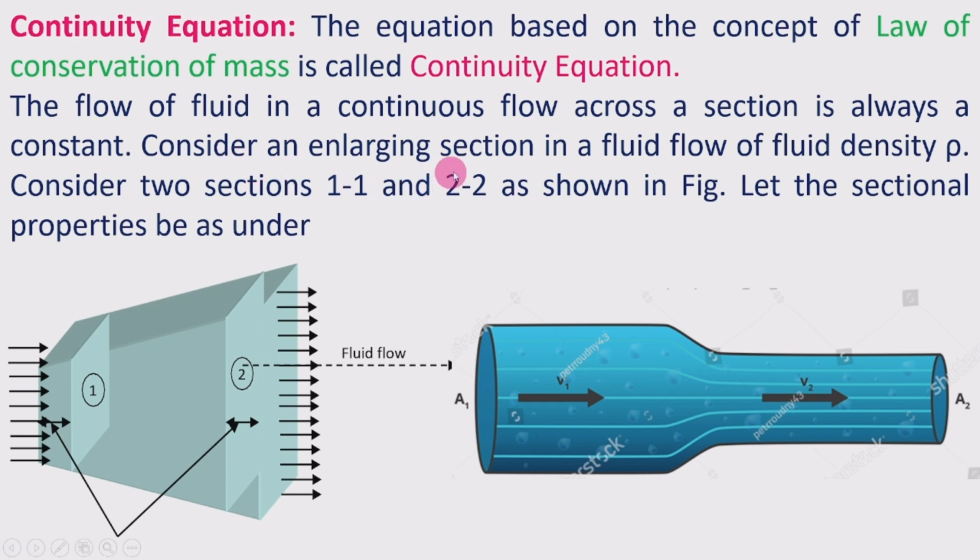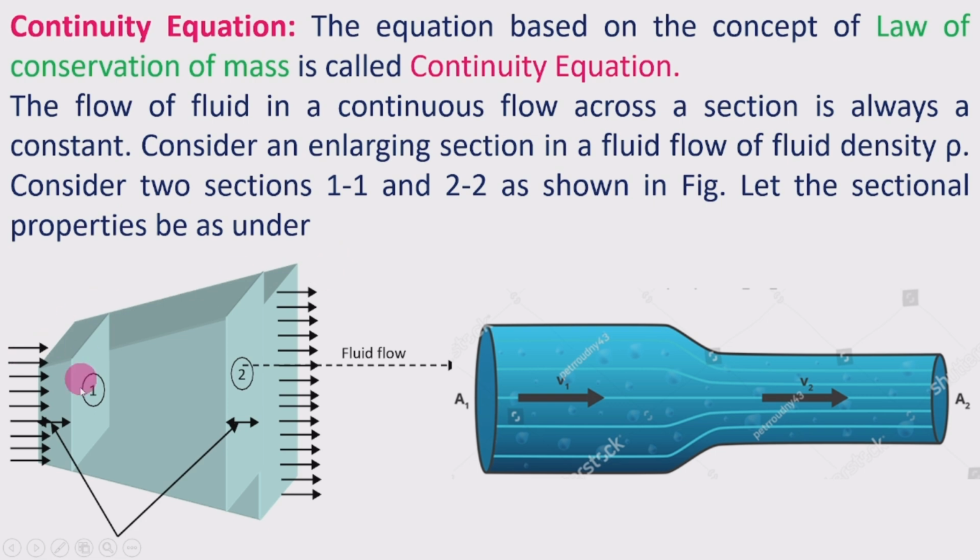Here, consider an enlarging section. In a fluid flow of fluid density ρ, consider two sections 1 and 2 as shown in the figure. Let the sectional properties be as under.